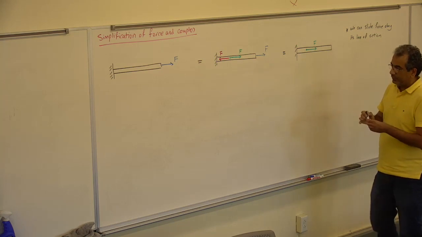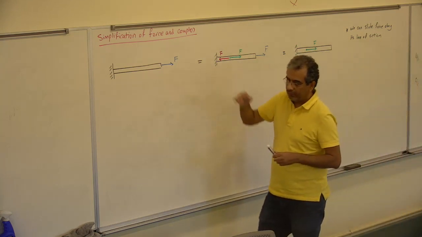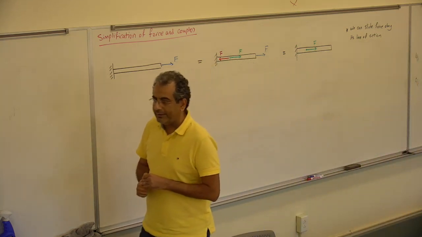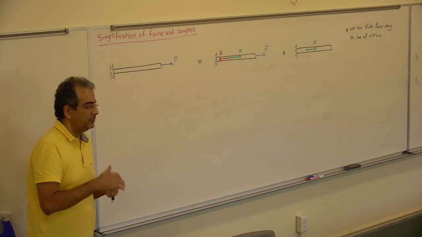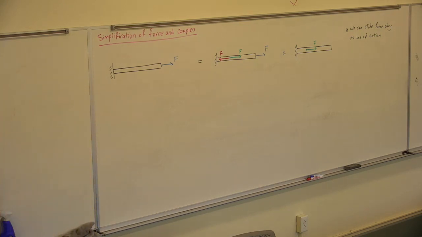So if I consider that force and the line of action of that force, I can move that force back and forth. I can slide it back and forth to any position along its line of action. And again, it's exactly still going to be the same system.